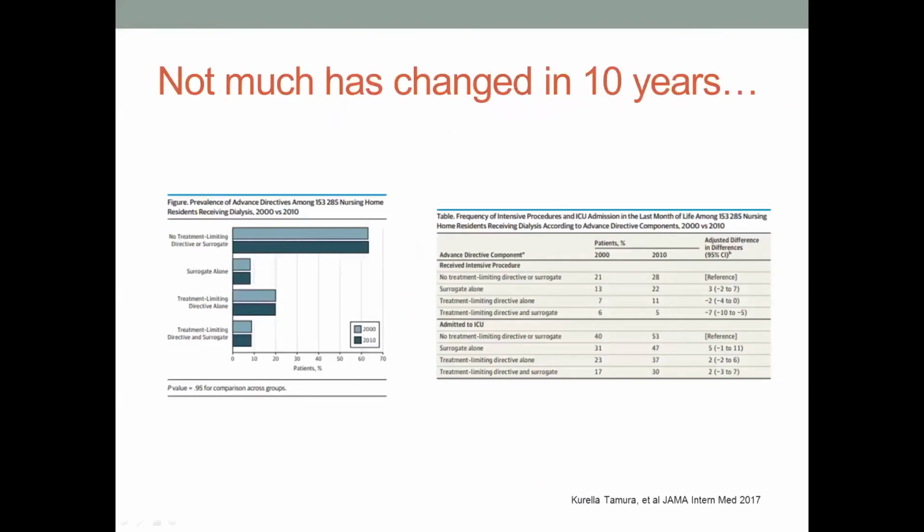And really not much has changed in the last 10 years. Under Carla Tamura, her group looked at about 150,000 nursing home residents who are on dialysis and linked data from the USRDS to Medicare claims data and the minimum data set, and looked at healthcare utilization in the last month of life, the last month of the last year of life.